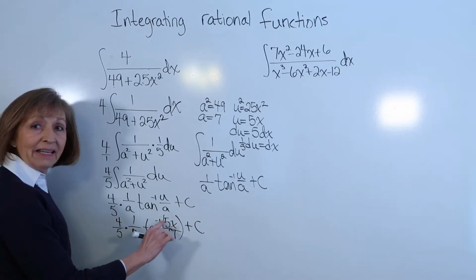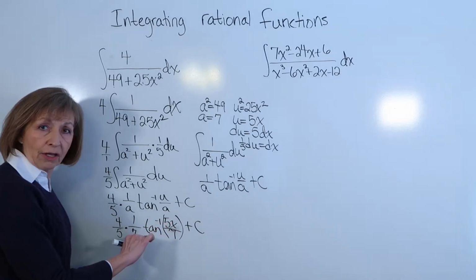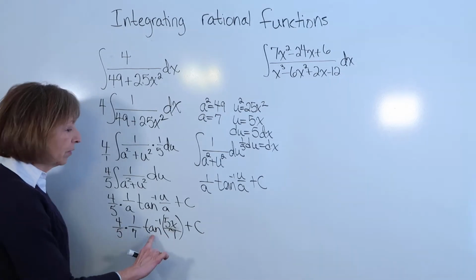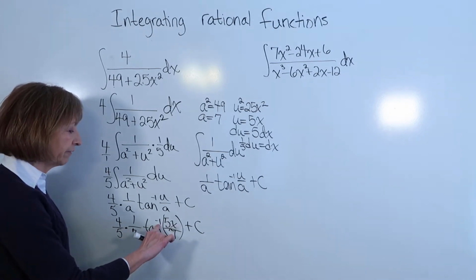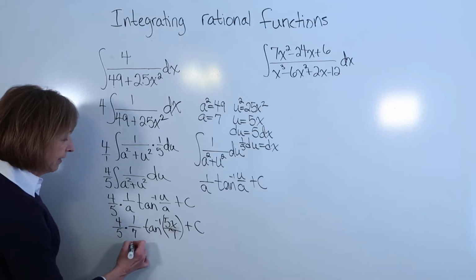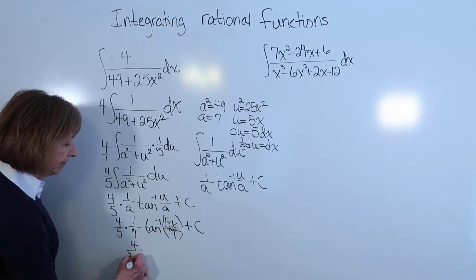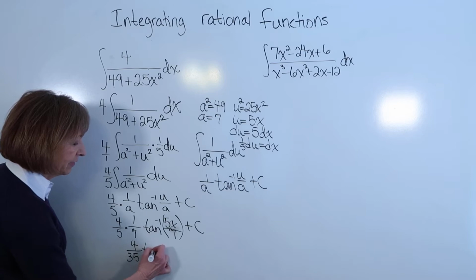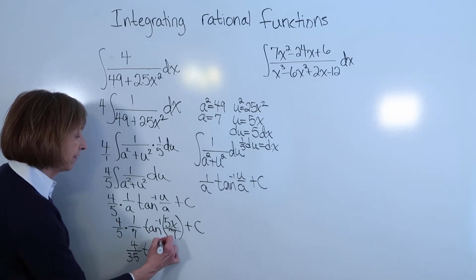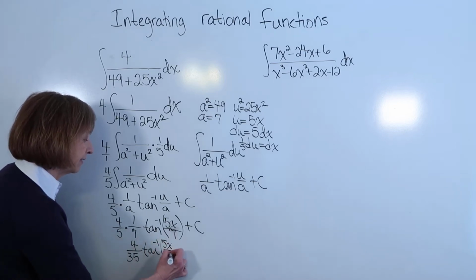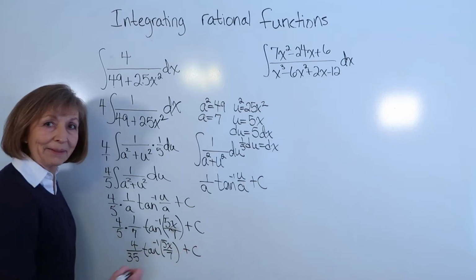And this inverse tan, you can write it as arctan, or tan with the inverse trig function notation. So that gives me 4 over 35 times the inverse tan of 5x over 7, and then plus c.